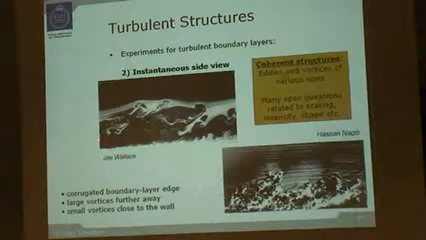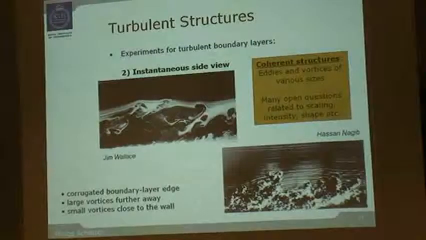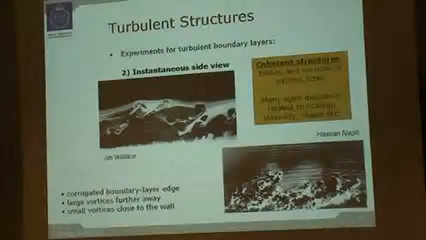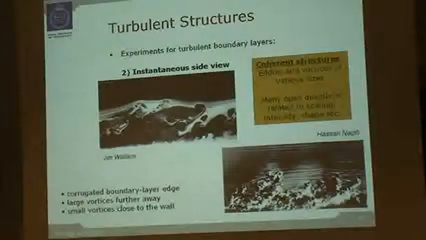We have here the edge of the boundary layer, then we have these deep valleys where free stream or irrotational fluid reaches levels very close to the wall. Again, we have the corrugated boundary layer edge with large vortices further away from the wall, but we also have very, very tiny vortices here close to the wall, which we can see.